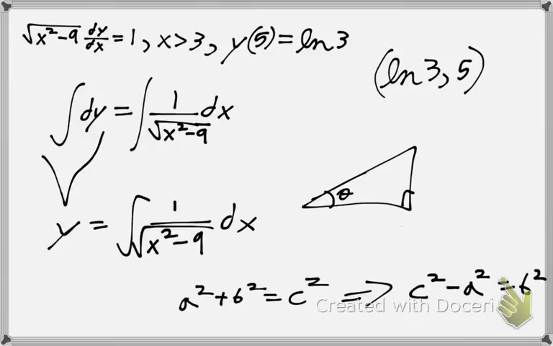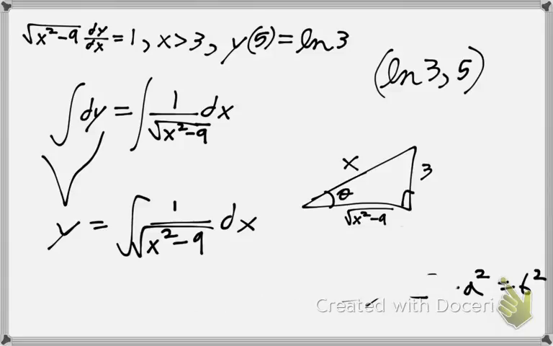That means that x is equal to the hypotenuse, and the root of x squared minus 9 is equal to one of the sides. Let's put it on the adjacent side, and the other side is equal to 3.